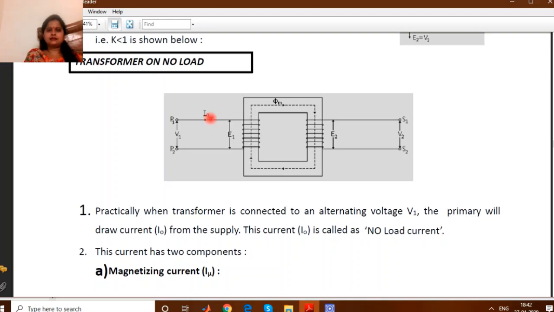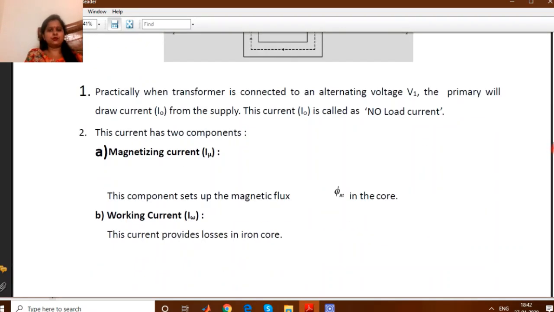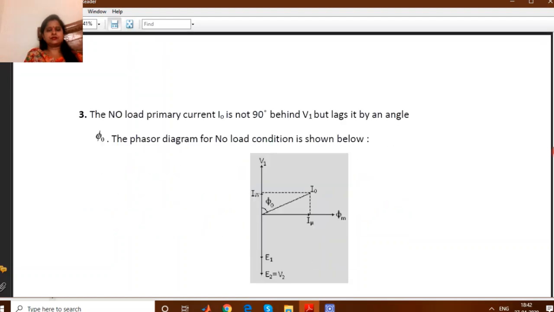This exciting current has two components: the magnetizing component of current and the active component of current. The magnetizing component current is called I mu or Im, and the active component of current is denoted by IE. So there are two components of current.